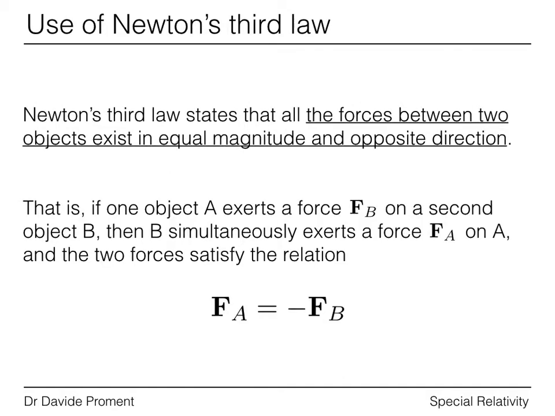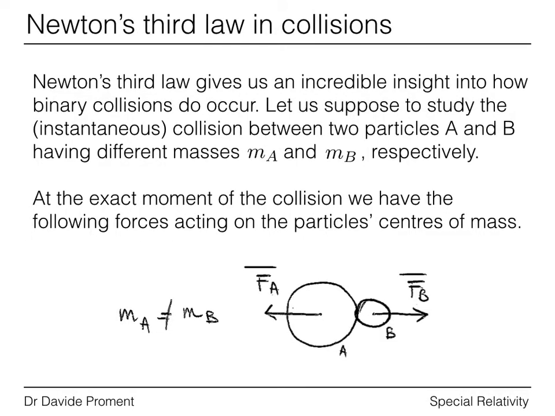In order to get an insight into the problem, we make use of Newton's third law, stating that the forces between two objects exist always in equal magnitude and opposite direction. Newton's third law can be thus used to solve the collision problem between two particles, as evaluating the force each particle exerts on the other.